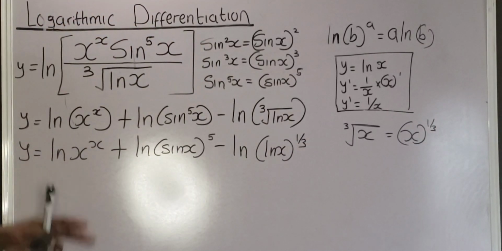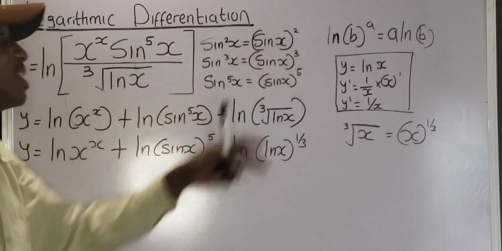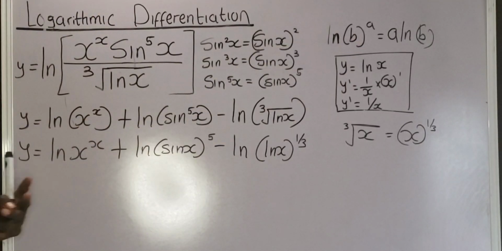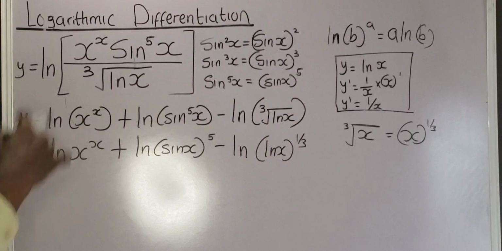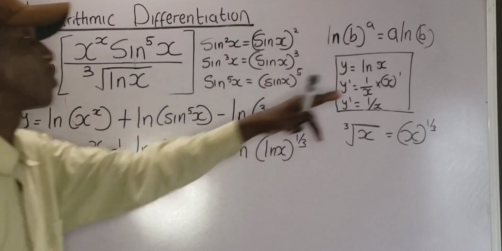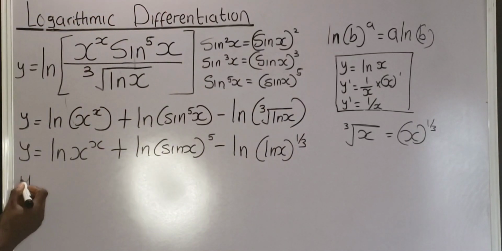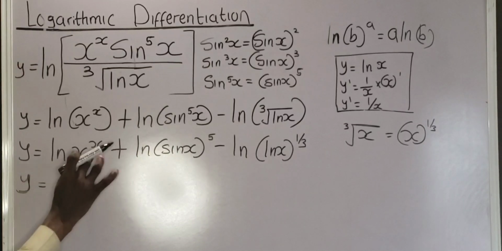And now, we can make use of this formula. We can make use of this rule. The rule states that the log of a power, that is when a log is raised to a power, that expression can be written as the product of that power and the log. Okay, let's proceed. For this, I'm going to have y is equal to, now, according to that law, this log is raised to the power of x.